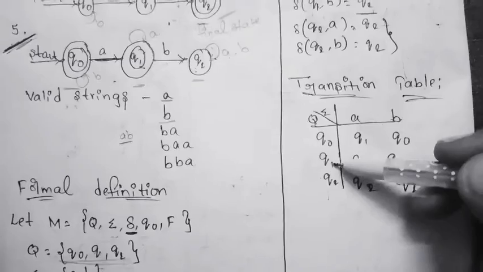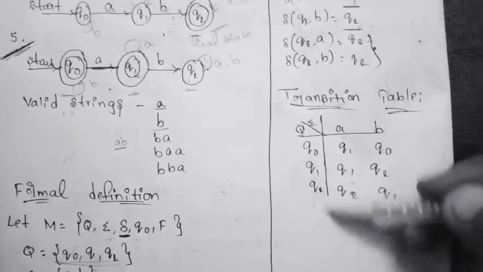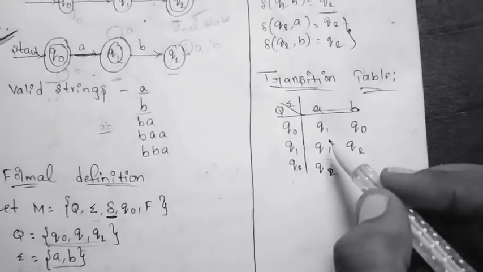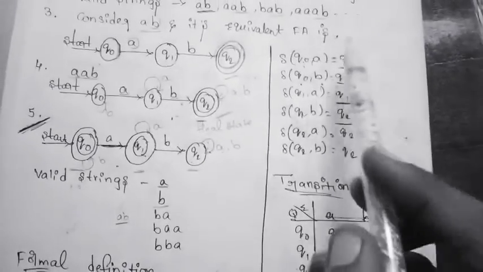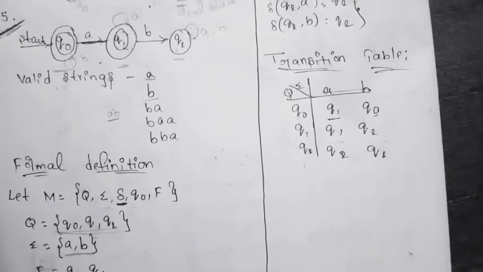That is Q0, Q1, Q2 are the states. A and B are the inputs. Then Q0 of A, that is Q1. See guys, here Q0 of A is Q1, Q0 of B is Q0, that is the same. From the above values, we are writing them in the transition table.